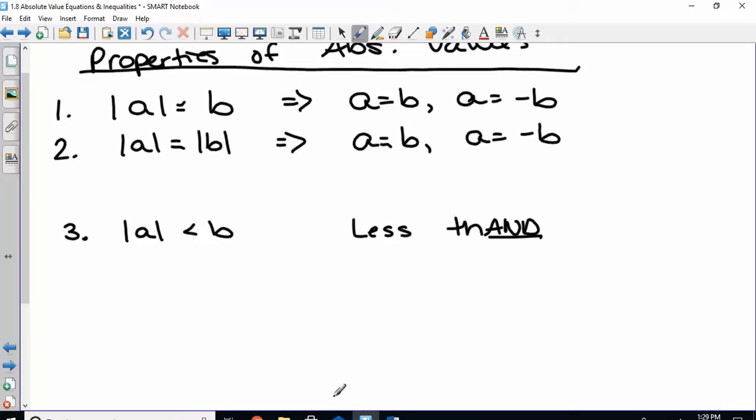I think Mrs. Keller used this trick sometimes. She talked about less than. So it's an and statement. What you do to write this without the absolute values is sandwich the A in between the negative and the positive. So you're going to write negative B is less than A is less than B.